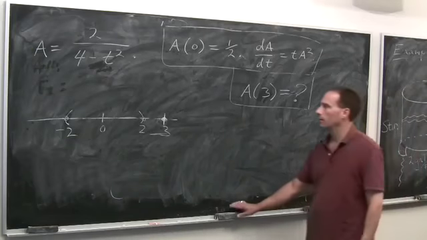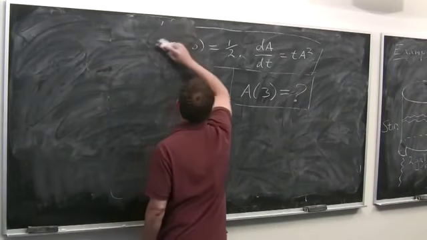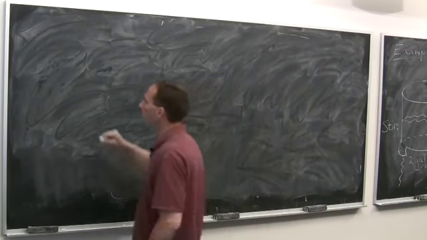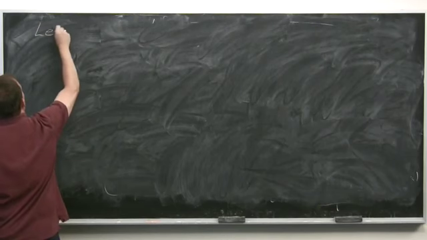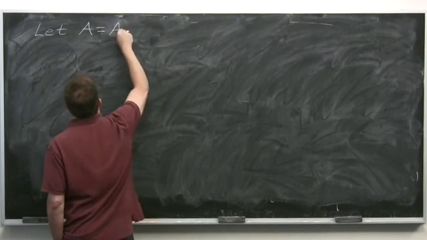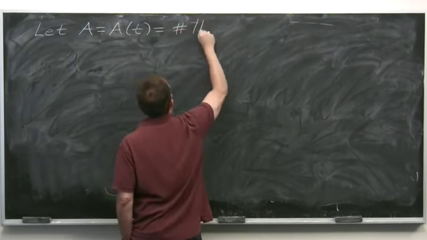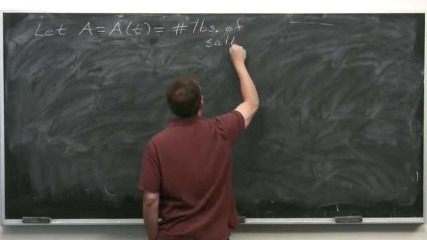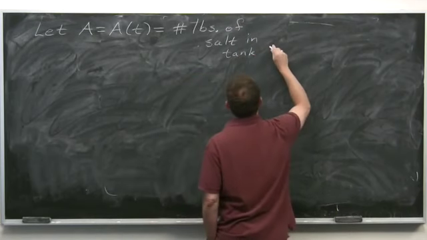We'll find as a function of time, so our time will be in seconds, how many pounds of salt are in the tank? So let A, a function of t, equal the number of pounds of salt in the tank at time t seconds.